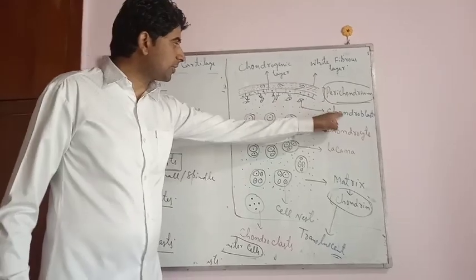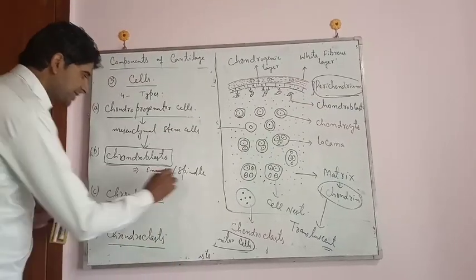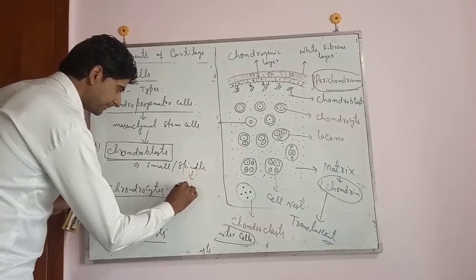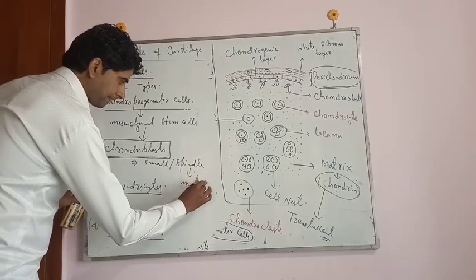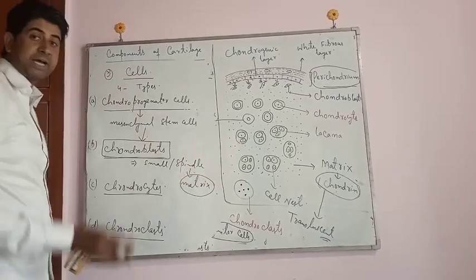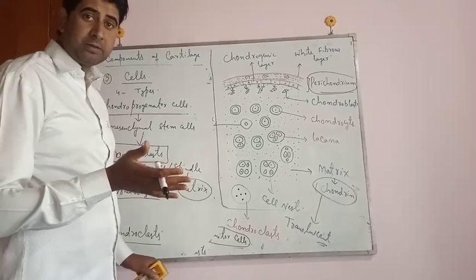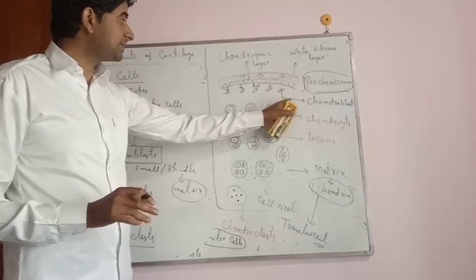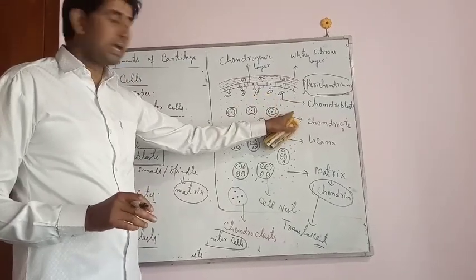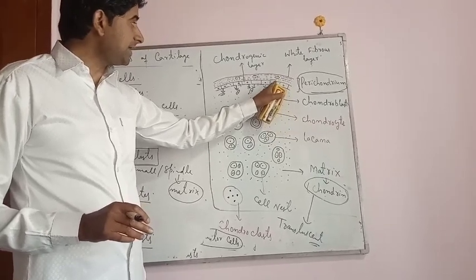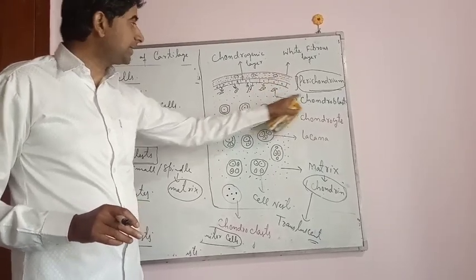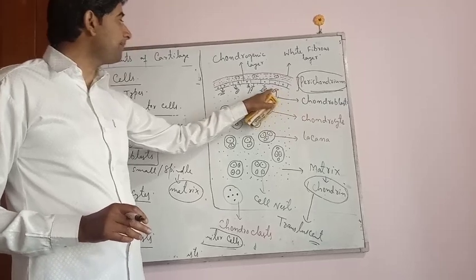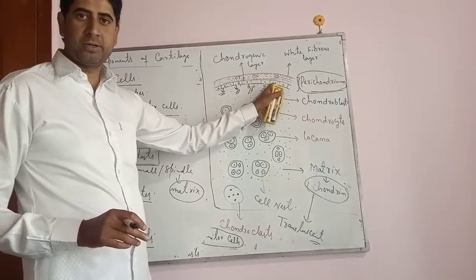And these chondroblasts, this creates the matrix. They are small, spindle shaped, and they secrete the matrix. And since they arise from the chondrogenic layer, that is why the chondroblasts are present in the peripheral portion of the cartilage.